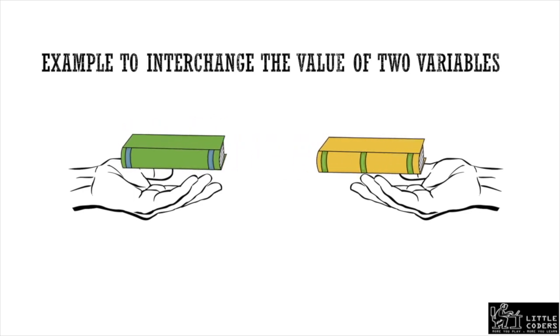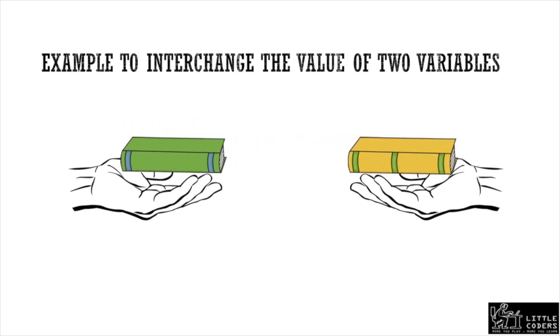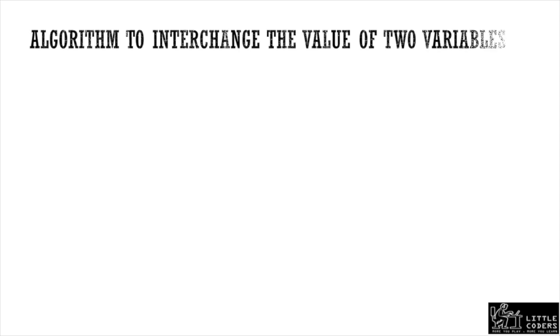Now you pull out the book at the bottom, which is the original book that was in the left hand, and if you place it in your right hand, the values will be interchanged. So this logic can be used in computers also.